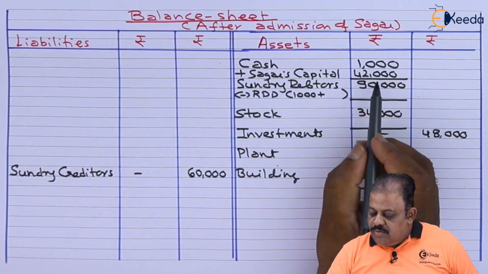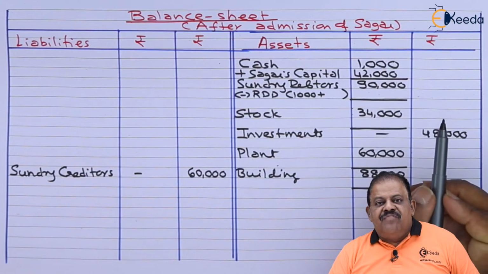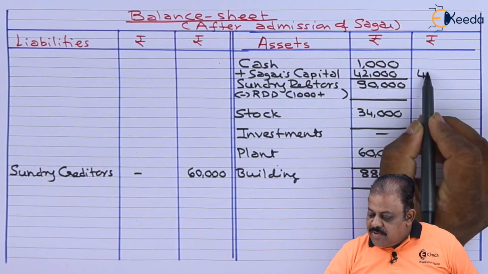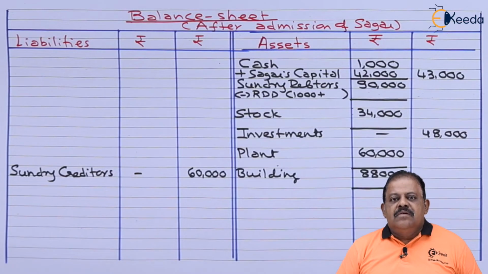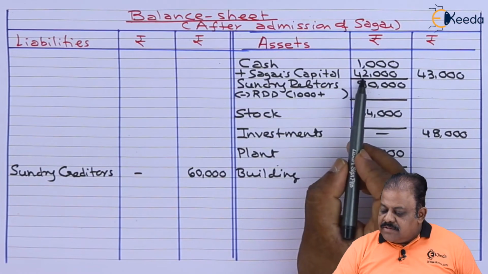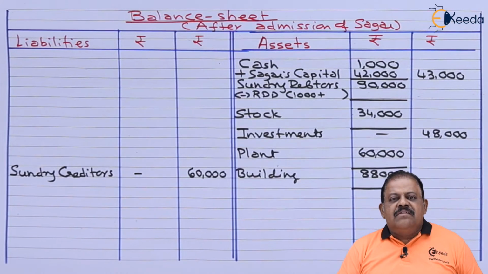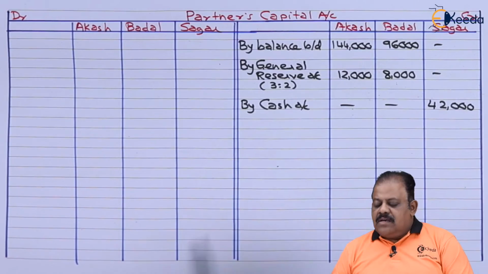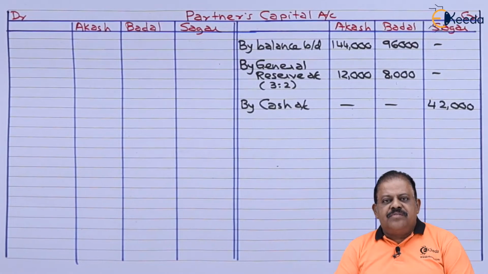On the asset side, we have added 42,000 to the cash amount of 1,000. Now cash has become 43,000. Another effect: 42,000 will be recorded in Sagar's capital account on the credit side. Sagar's capital account credit by cash account 42,000.